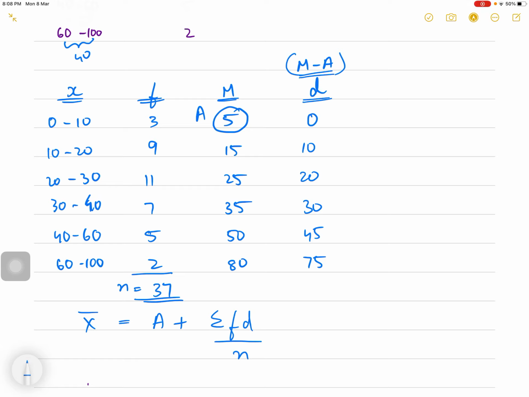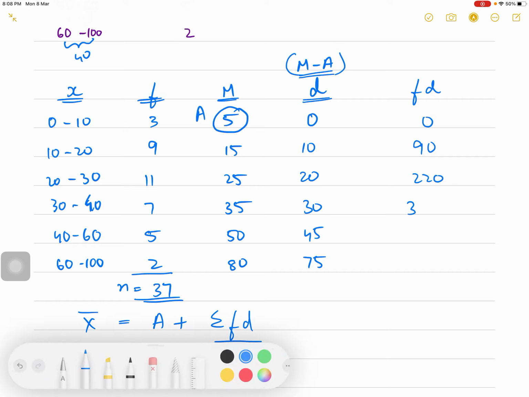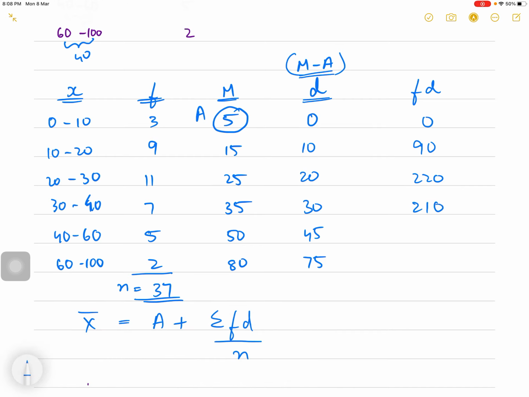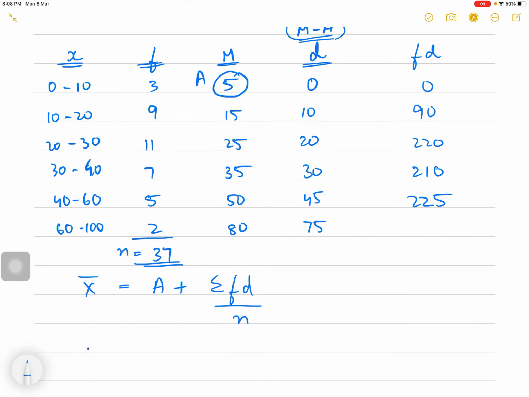Next is f into d. 3 into 0, 0. 9 into 10, 90. 11 into 20, 220. 7 into 30 is 210. 5 into 45 is 225. 2 into 75 is 150.